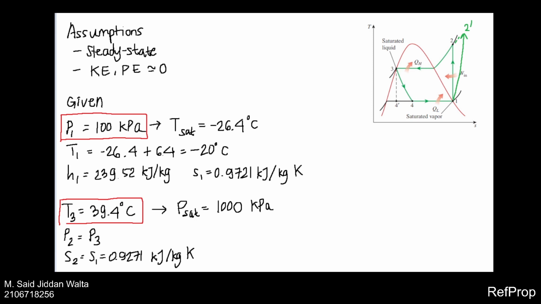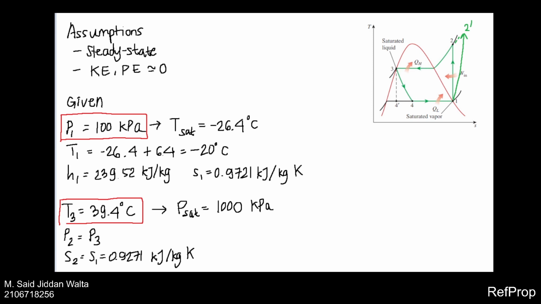So we start with the given value of 100 kilopascals at the start of the compression, which is P1, and using the tables for saturated refrigerant 134A, we find that the saturation temperature for 100 kilopascals of pressure is minus 26.4 C. The problem also tells us that the starting temperature for the compressor is superheated from the saturated temperature by 6.4 degrees Celsius, which puts it at a nice minus 20 degrees Celsius.